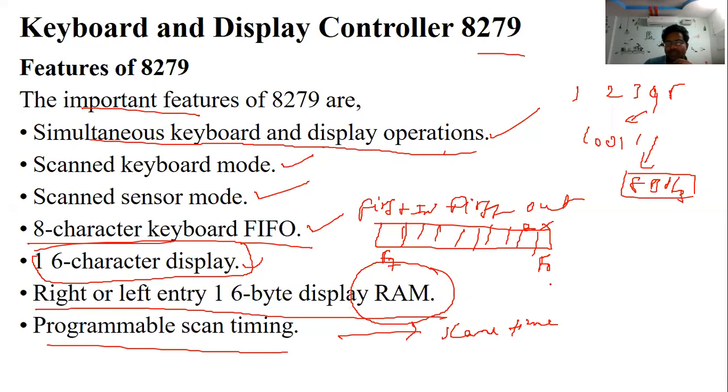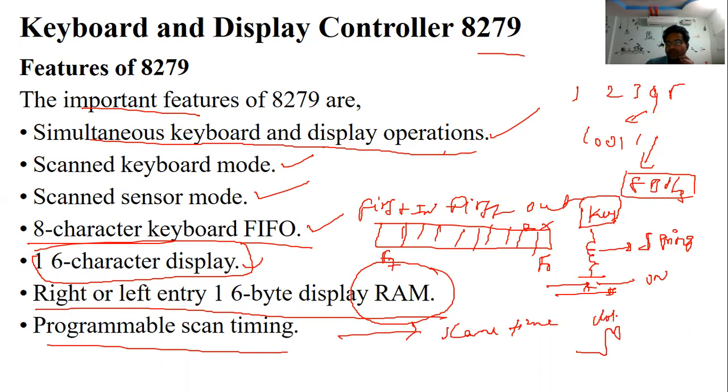In the last class, you know that the key is like this, a spring balanced key. See this diagram. This is the key, this is the spring. When you close this one, what will happen? It touches point A and point B, so it is on. In the closing and releasing process, the spring produces some vibrations.